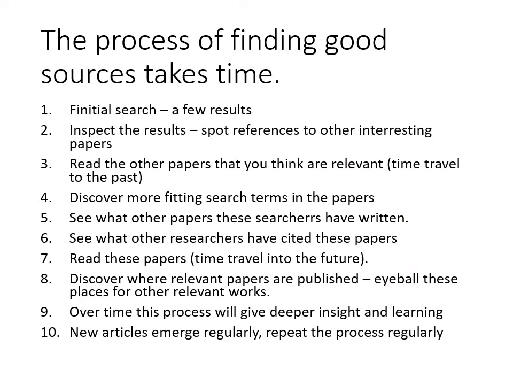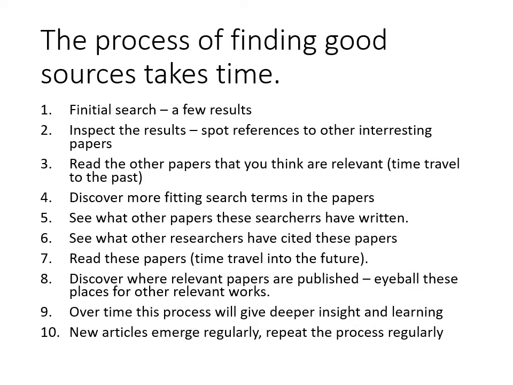So I thought I'd summarize the strategies that we have for finding good sources. We will always start when we know nothing. We start an initial search based on the few keywords that we could think of, and we will get a few results, maybe not so accurate. Then we inspect these results, and we try to spot references to other interesting works in the reference sections in these papers.